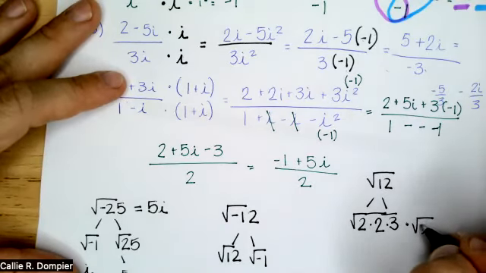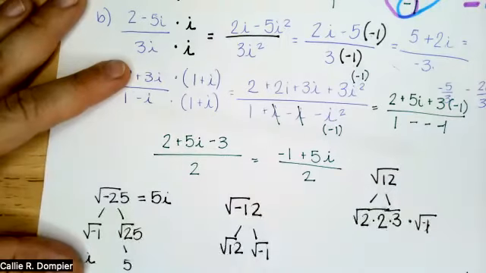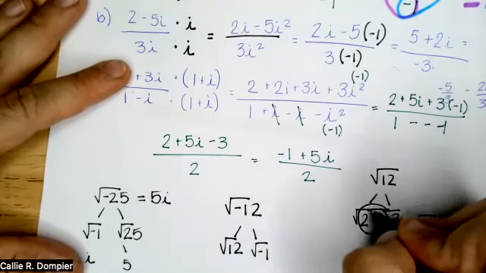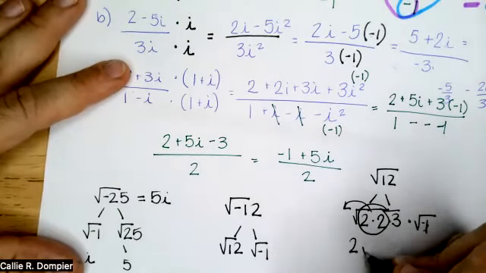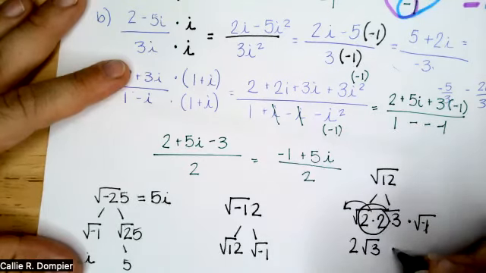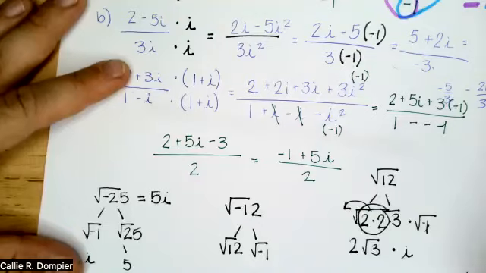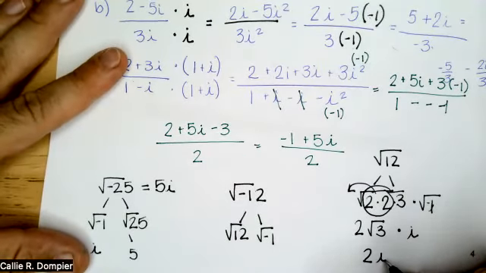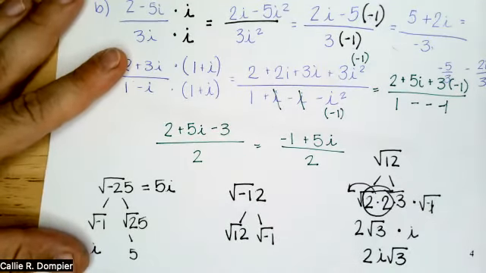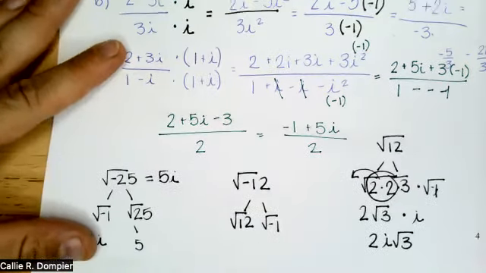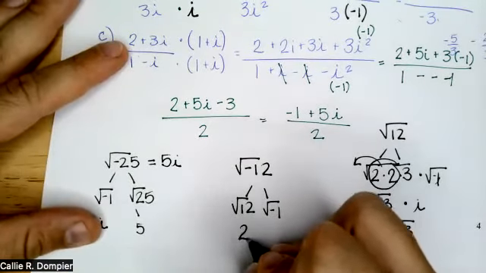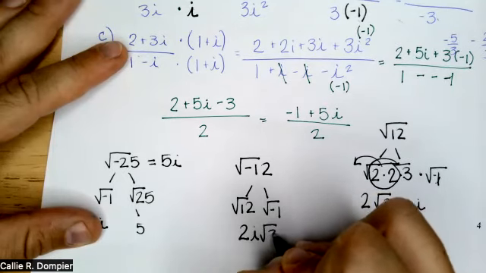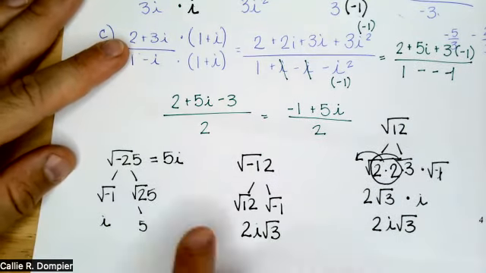So those two 2's come out. 2 square root of 3 times the square root of -1 is i. So we write that as 2i square root of 3. And it's just 5i.